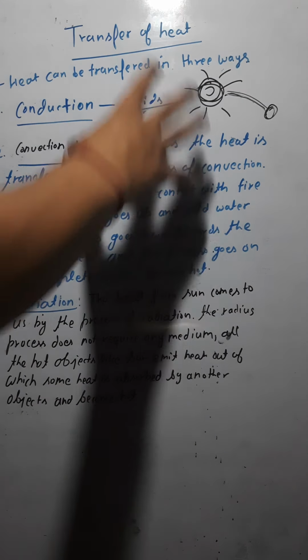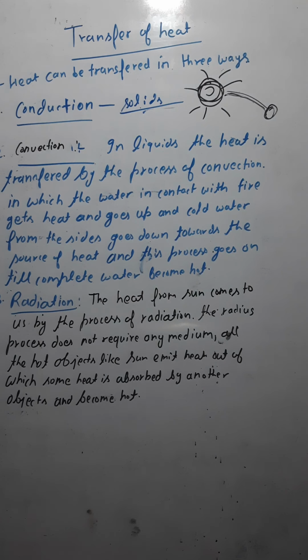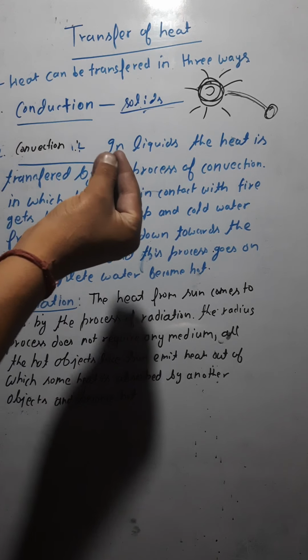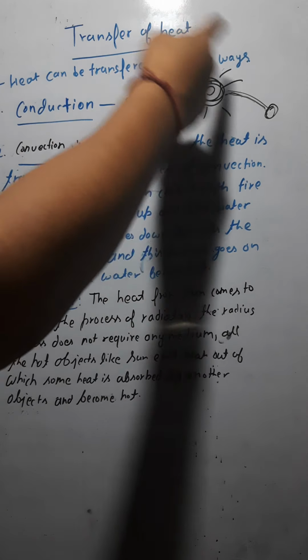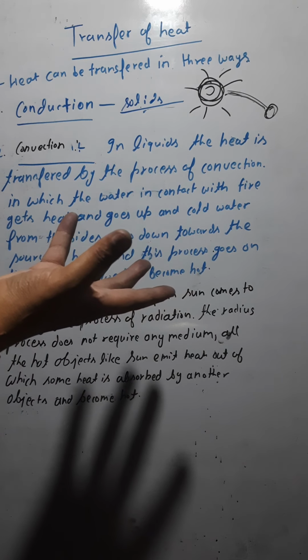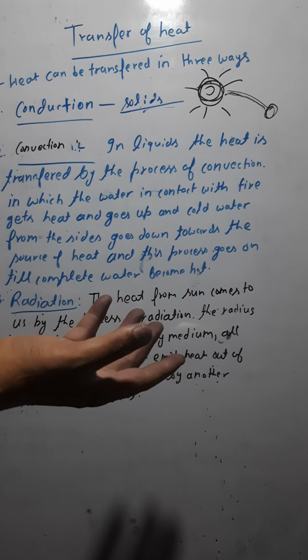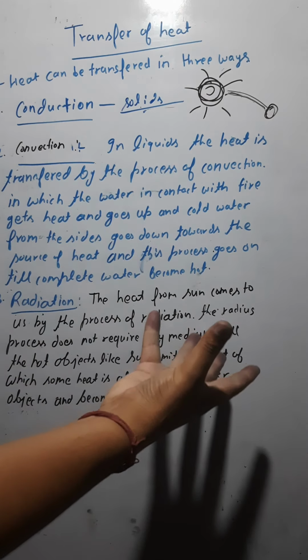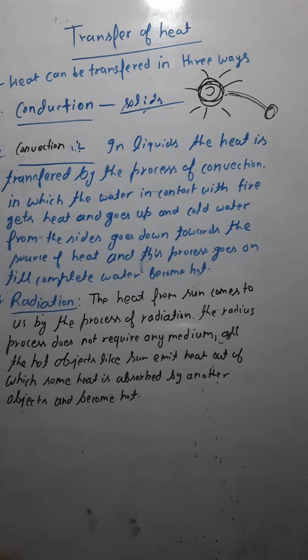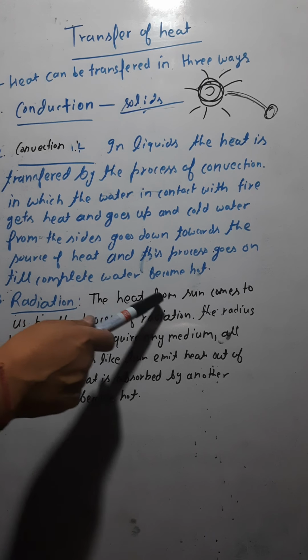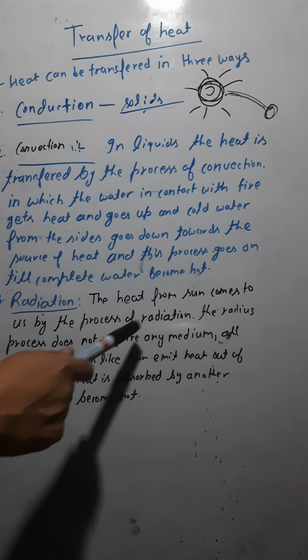We are not absorbing all the heat which is coming from the sun. Rather, some amount of heat we are absorbing and we become hotter. Like the water, some amount of heat is absorbed by the water also and it becomes hot, isn't it? Yes. So this process of transfer of heat is known as radiation. The heat from the sun comes to us by the process of radiation.